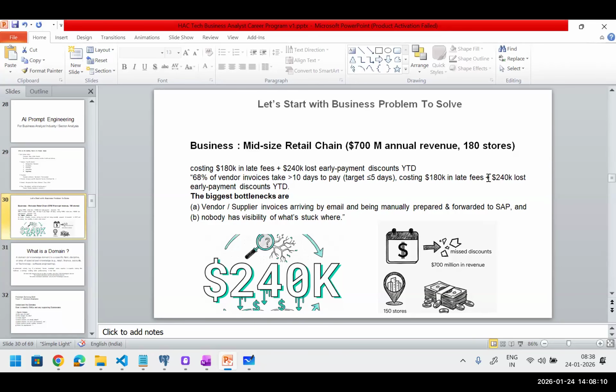If you don't pay the vendor on time, will he supply the products? No. He will supply them to the competitor who pays him on time. The company doesn't intend to avoid paying vendors; there is a problem in their payment cycle, maybe because of manual processes.